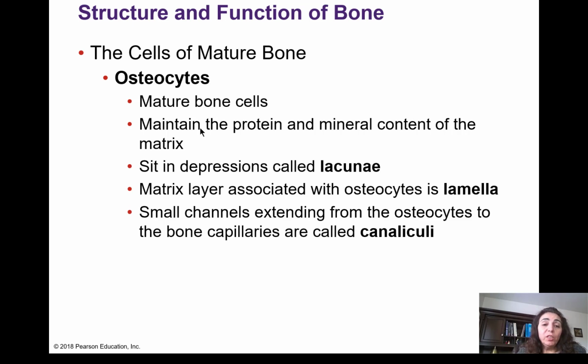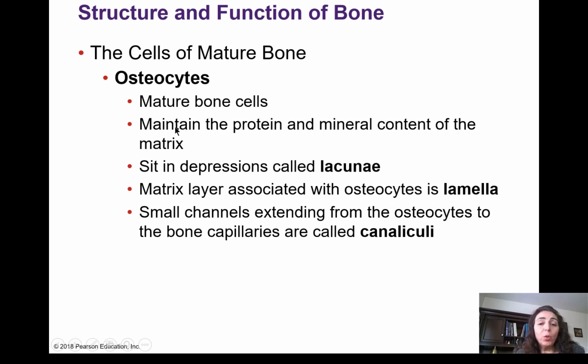Now, the first one that we're going to talk about is osteocyte. You remember that cyte means cell and osteo means bone. Osteo, osseous, all these refer to the bone. So these are the cells of the bone, and these are the mature cells of the bone. When the bone cells get mature, we call them osteocytes.